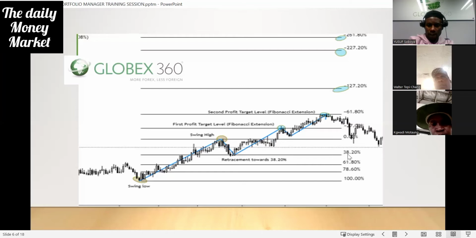So if you can see 38.20%, the market resisted this position, right? So if you had a trade at this level and the trade is going all the way up, the only point that you're going to be worried about is the point of 38.20%, which is this.